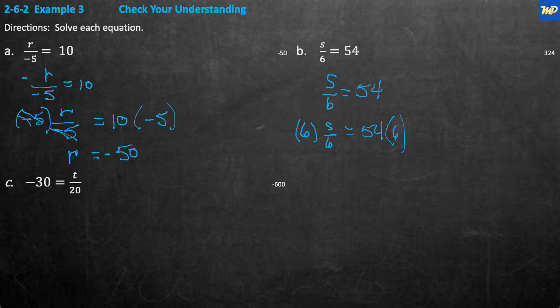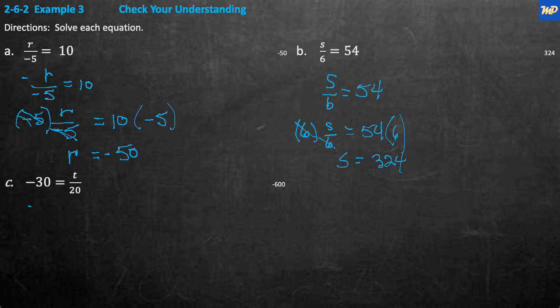This will be positive because there are no negatives in here. The 6s cancel, and we end up with S equals, what's 54 times 6? 6 times 4 is 24. Carry the 2. So it's 324.